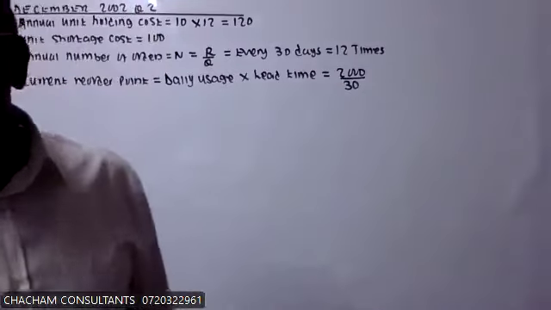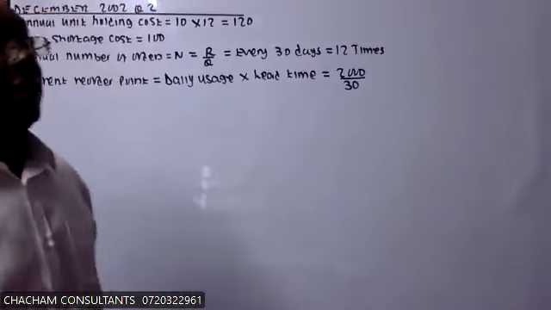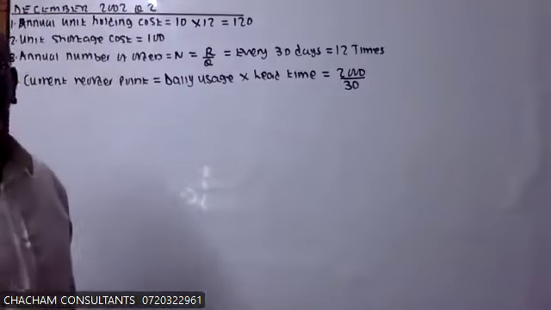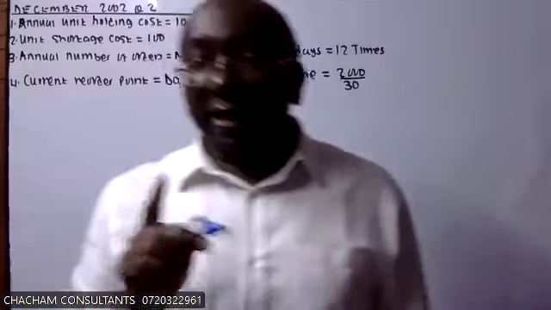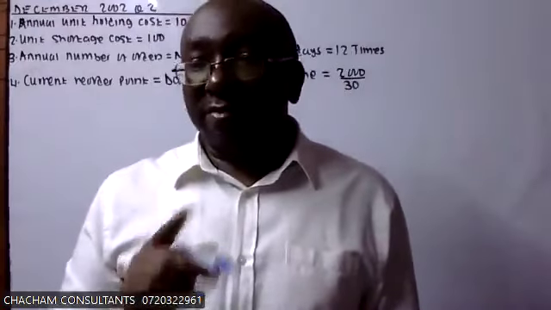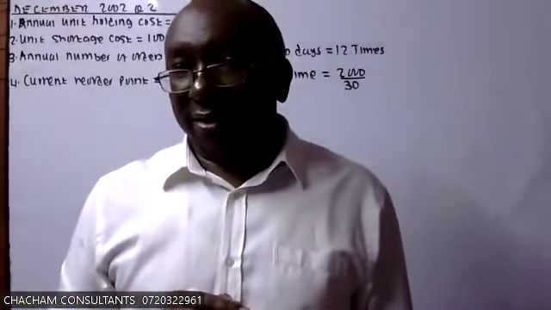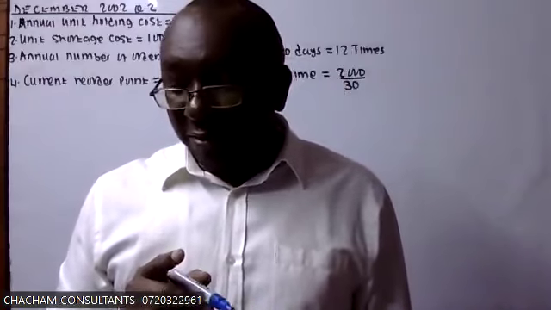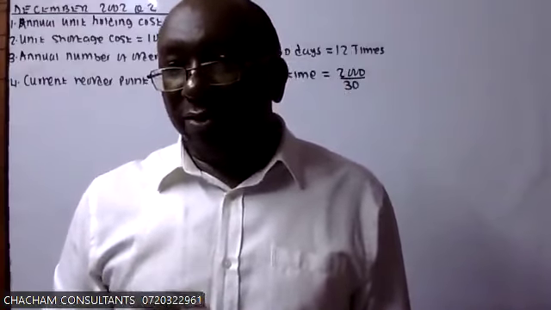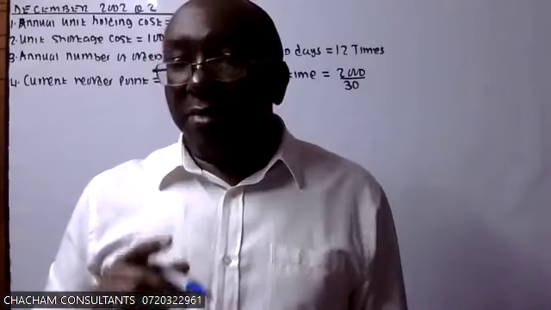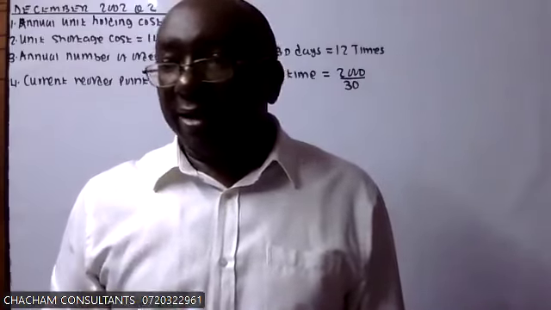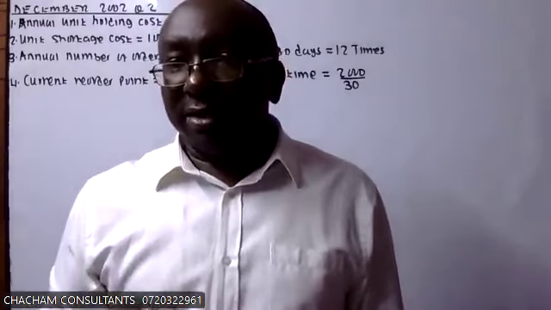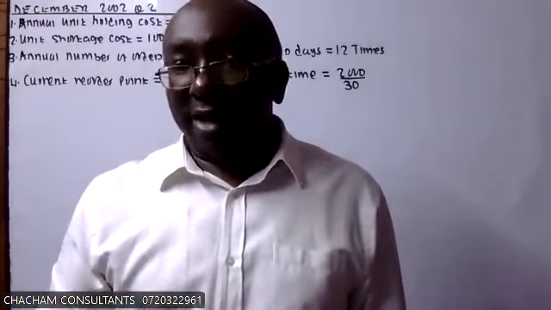And I remember last time emphasizing that the unit of measurement of time that you use is guided by how lead time has been expressed. So if lead time is expressed in days, then you use daily demand. If it is in weeks, you use weekly demand. If it is in months, you use monthly demand.